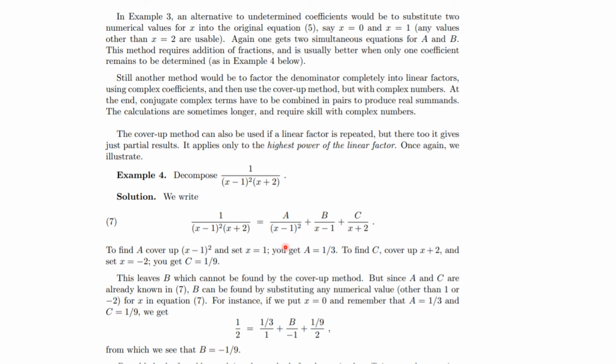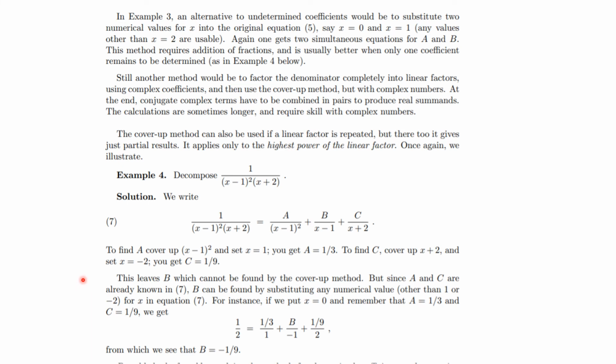Okay, well, even though you cannot use the Heaviside cover-up theorem to find both A and B, you can find A, because we're looking at the highest power of the linear factor. So if we cover that up and set x equal 1, you find out that A is equal to 1/3. And finding C, you can cover up x + 2, and you get C is equal to 1/9. Now, this doesn't give you the answer for B, but still, you've simplified things now, not by 1/3, but by 2/3.